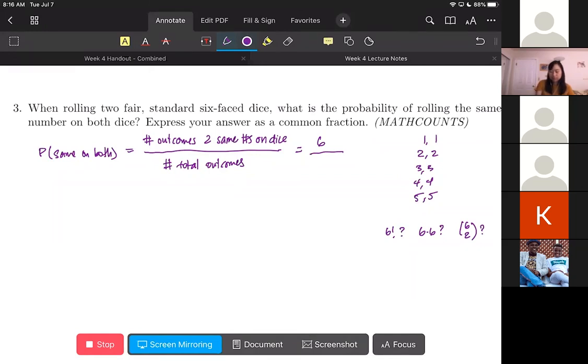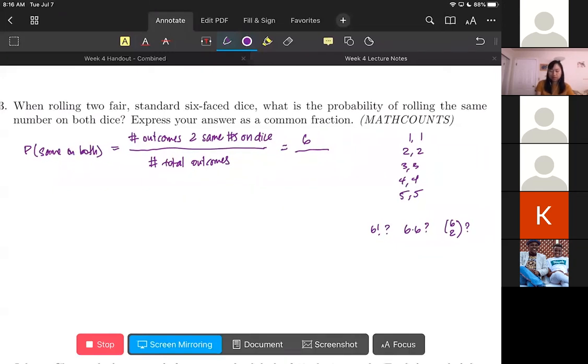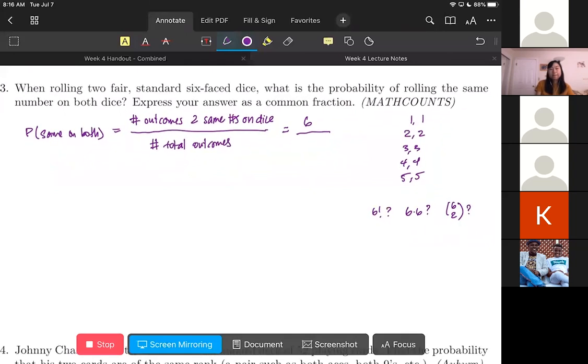So some people shouted out 6 factorial, 6 times 6, 6 choose 2. What do you guys think it is? I think it's 6 raised to the power 6.